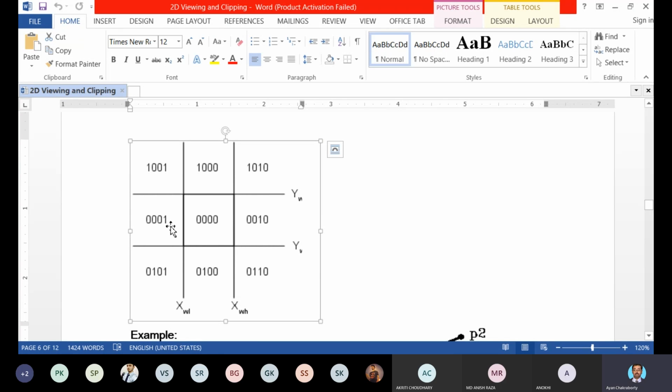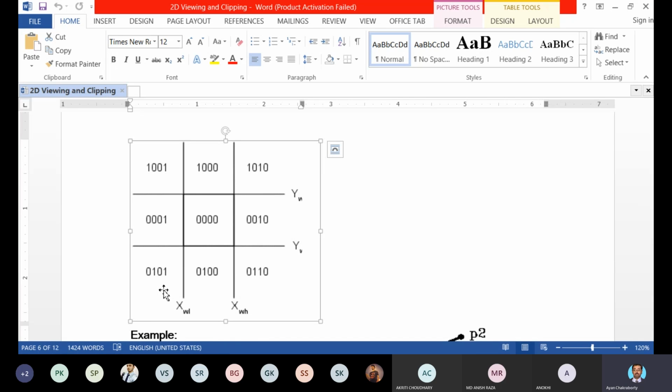And all the other corner regions: 1001 is the northwest region. 1010 is the northeast region. 0110 is the southeast region. And 0101 is the southwest region.